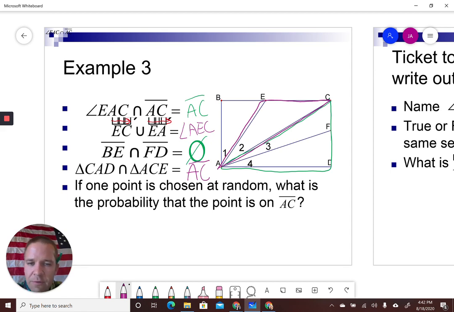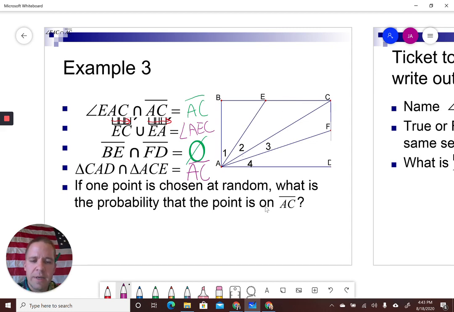All right. Now it says if one point is chosen at random, what is the probability that the point is on segment AC? Well, how many points do we have? So when we're talking about this probability, we're not talking about it could be anywhere on here because there are an infinite number of points, so we can't really do probability with that. We're saying the named points, okay?